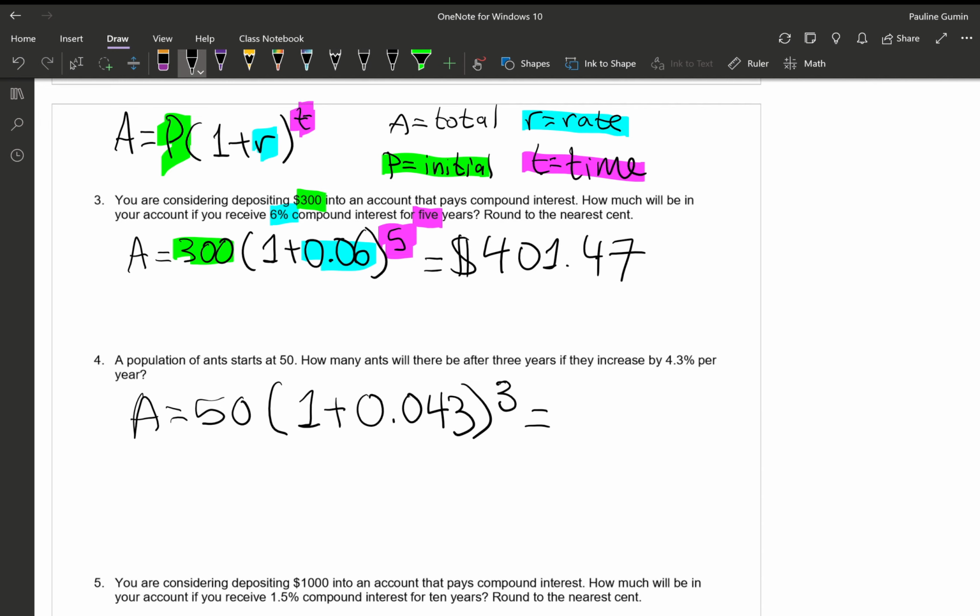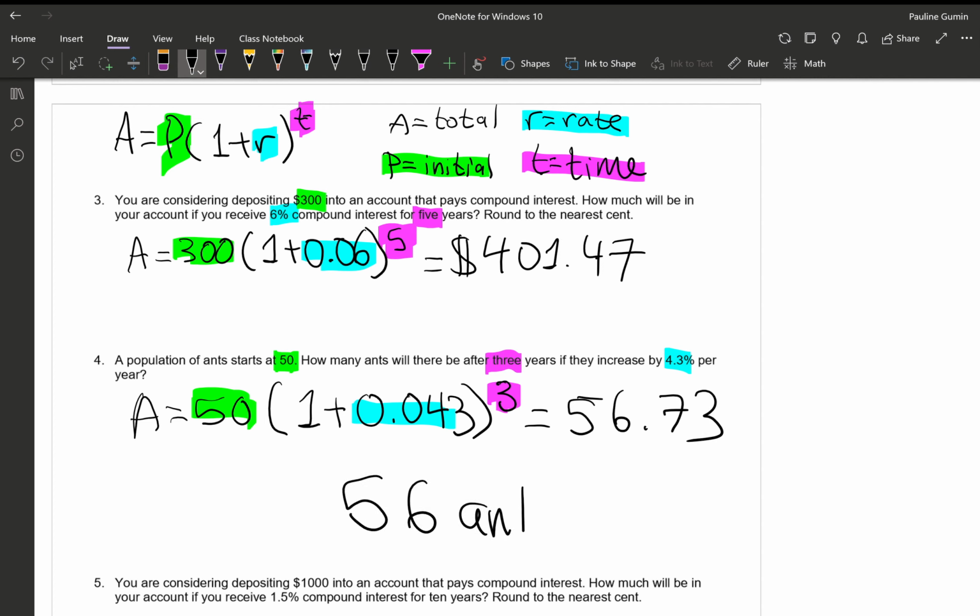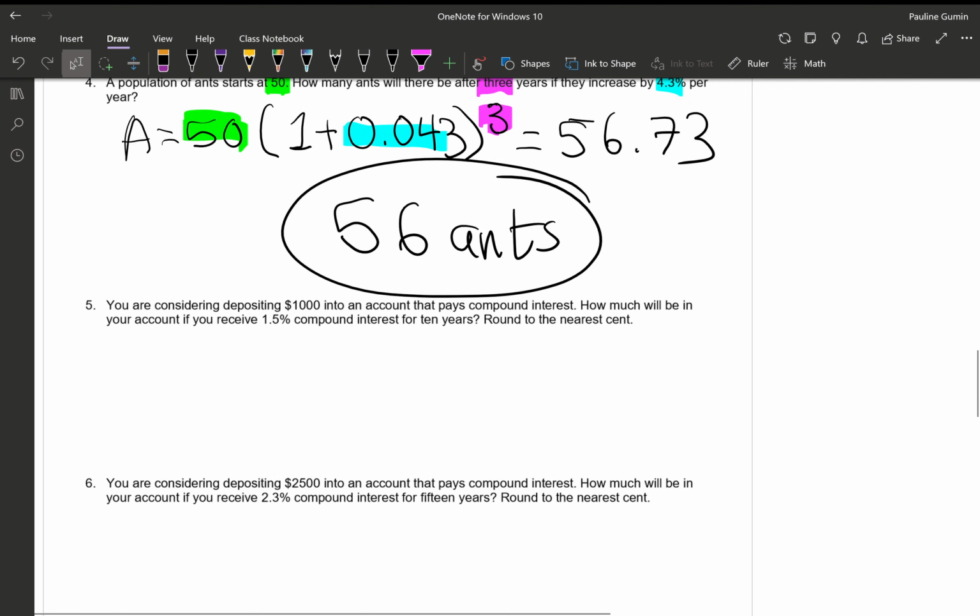All right, let's do some coding. 50 is our initial amount, our rate as a decimal, and our time in years. Right, when I put that into my calculator, I got 56.73. This is a living being, so it's just 56 ants. You always want to round down with that.